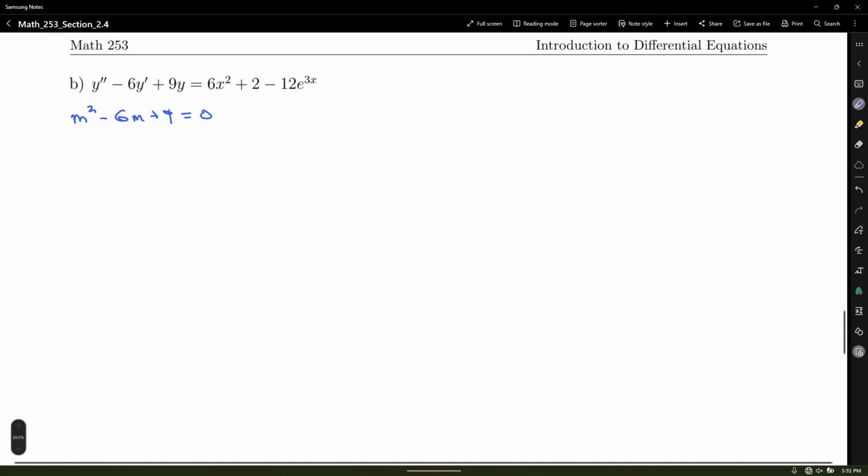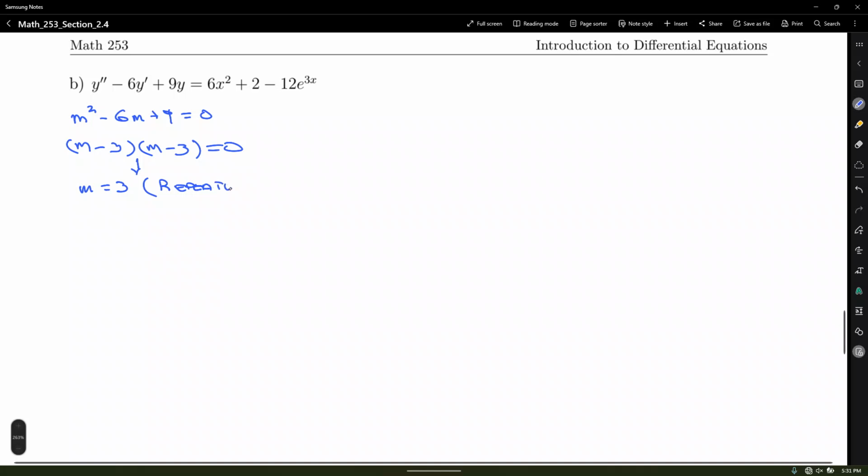Factors of positive 9 that add up to negative 6? Negative 3, another repeated case, right? So m equals 3 but repeated.